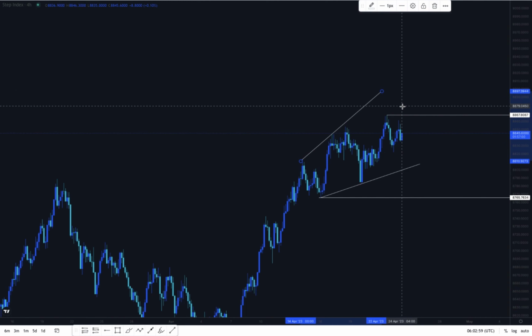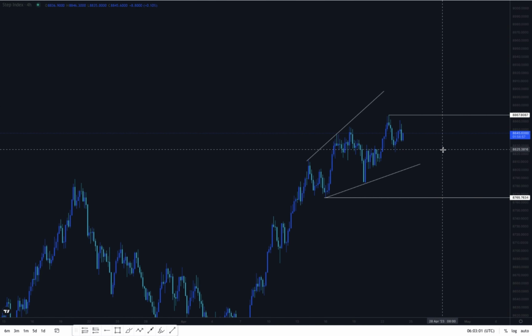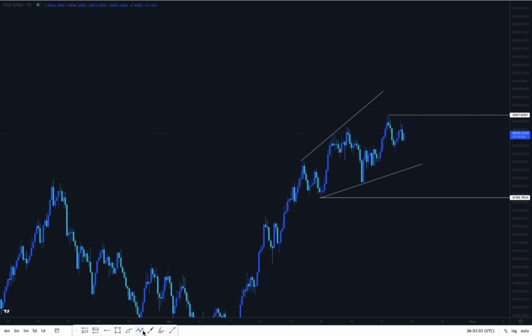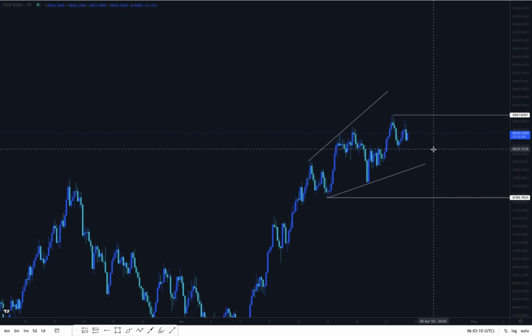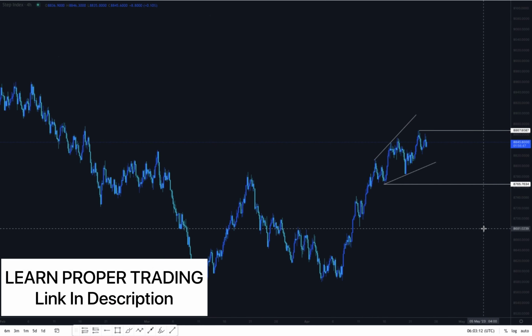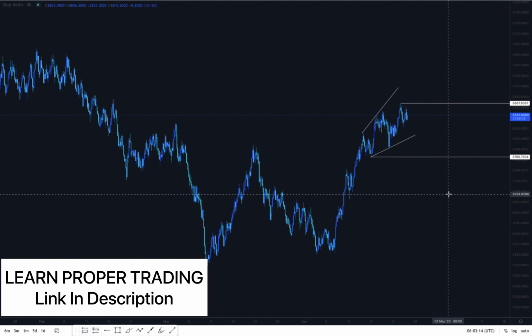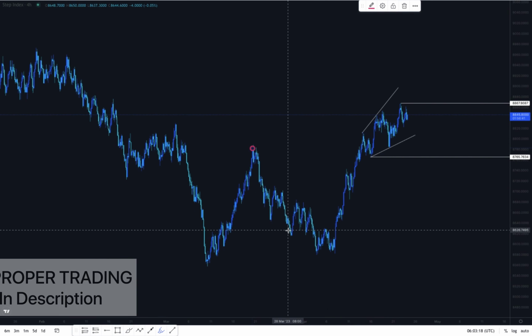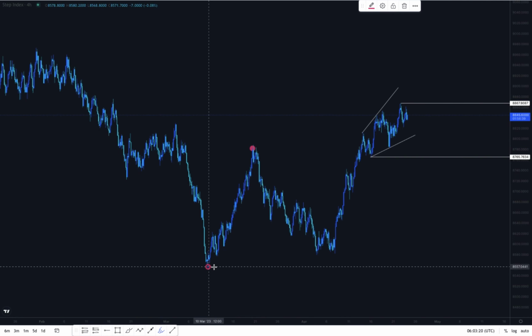Now, the number two reason I know that this guy is going to dip, but for now, we have to wait for it to either find its way to the third tag before dipping, or find its way to sweep this guy before dipping, is the fact that I understand price swings and I've seen what price has done in the past. Now look at this swing point. This was a high, right? This was a low.